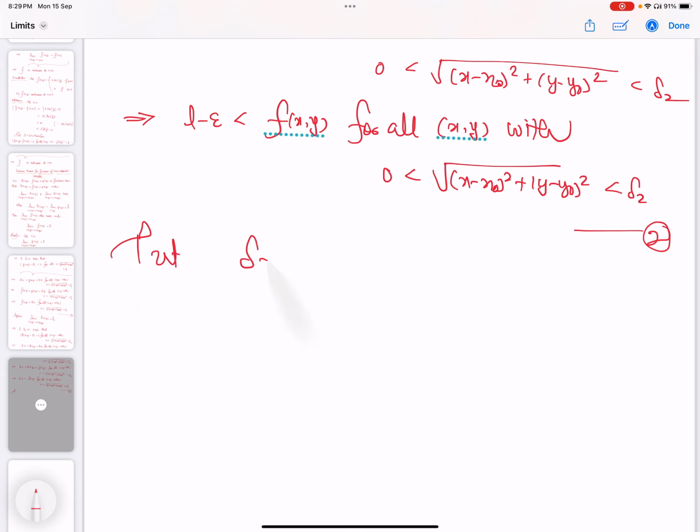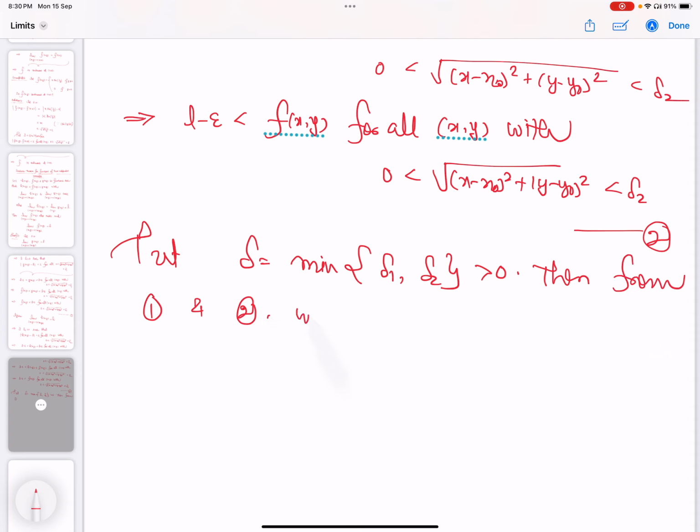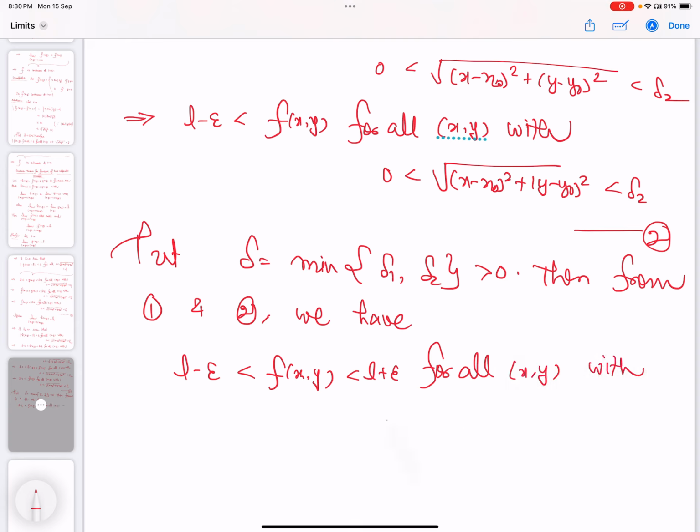Put delta equal to the minimum of delta 1 and delta 2, which is greater than 0. Then from 1 and 2 we have L minus epsilon less than f(x,y) less than L plus epsilon for all (x,y) with (x minus x naught) squared plus (y minus y naught) squared less than delta.